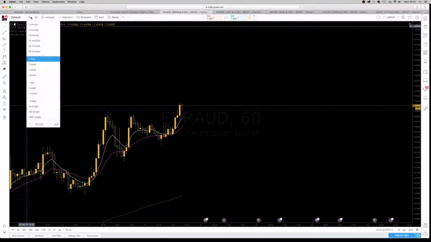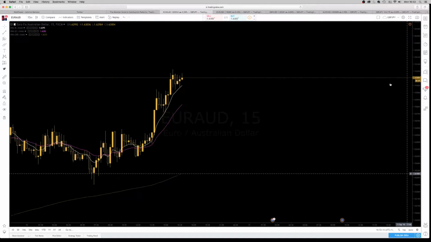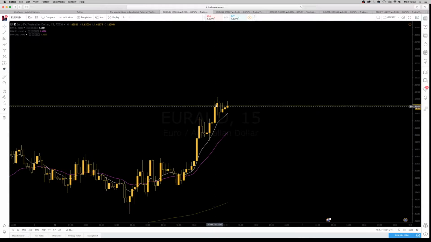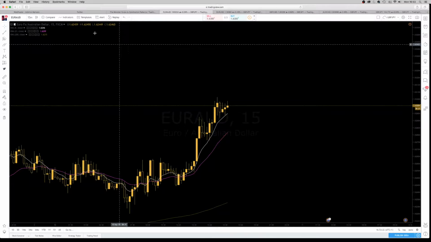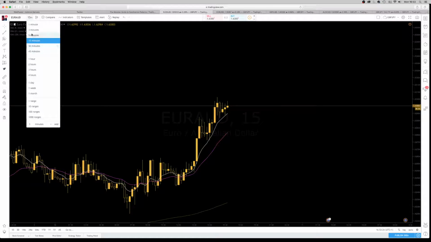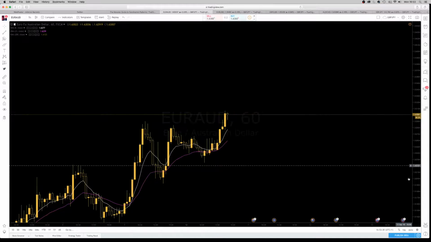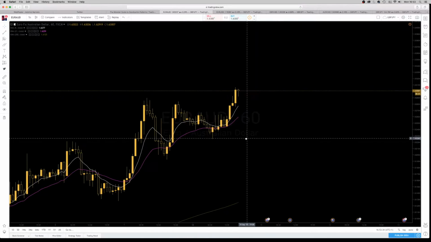So we'll just have a quick look at the 15-minute just to see what is going on down here. Again, it becomes a bit more apparent. We're still pushing up, pulling back, pushing up, pulling back. So on the 15-minute, there could be a setup forming, but I'm looking for the setup on the 1 hour. So it's almost as if there isn't a setup right at this very moment.